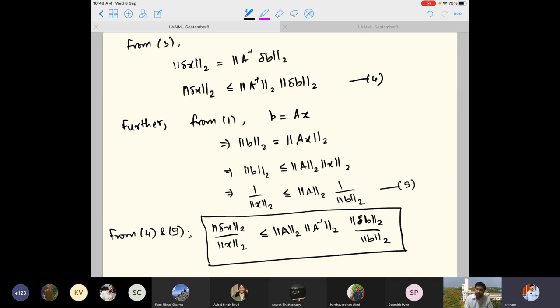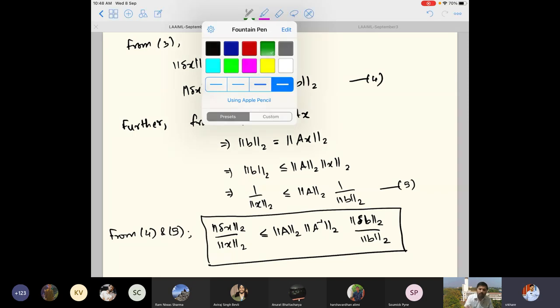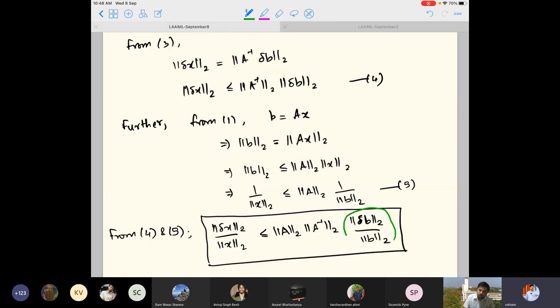Norm of delta B is the absolute value of the perturbation in B. But when you look at the ratio, norm of delta B divided by norm of B, do you agree that this tells me the relative perturbation given B?